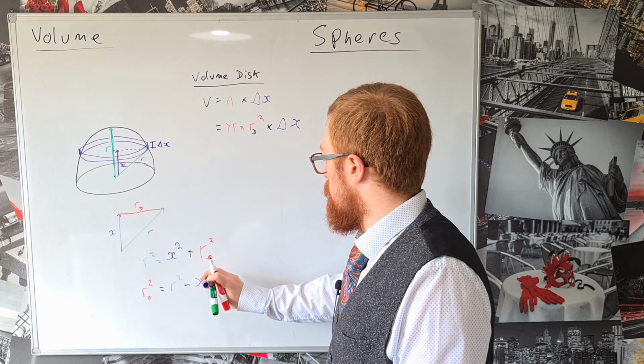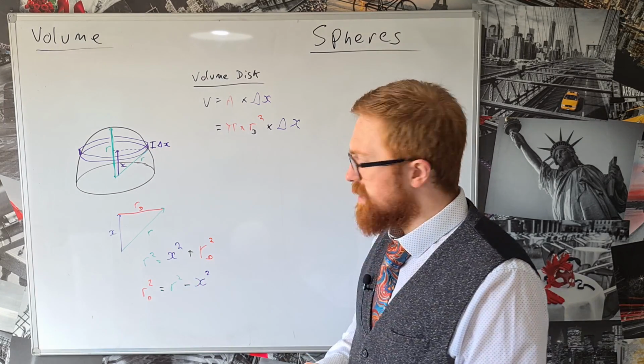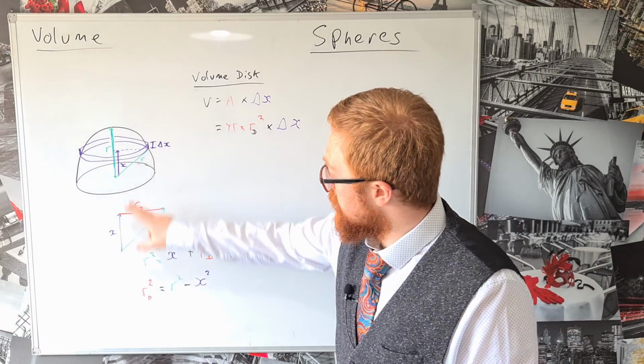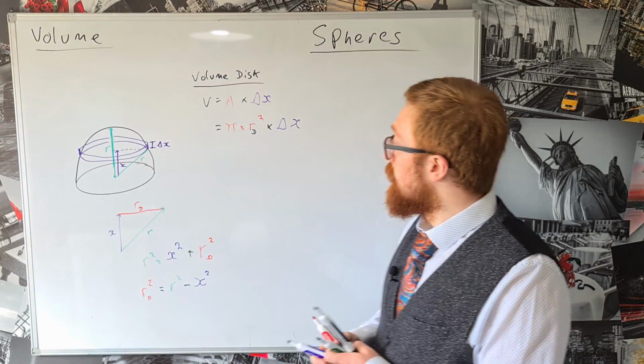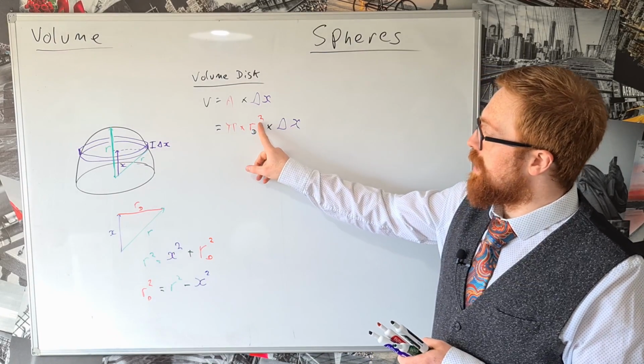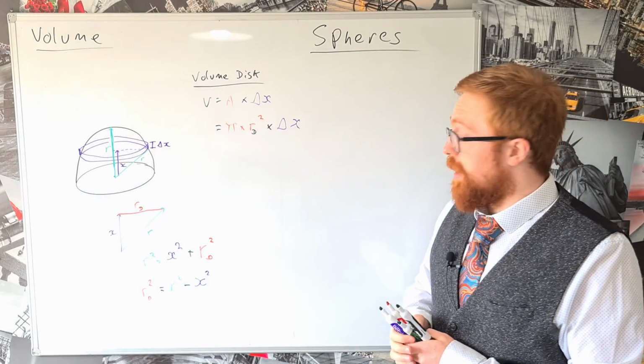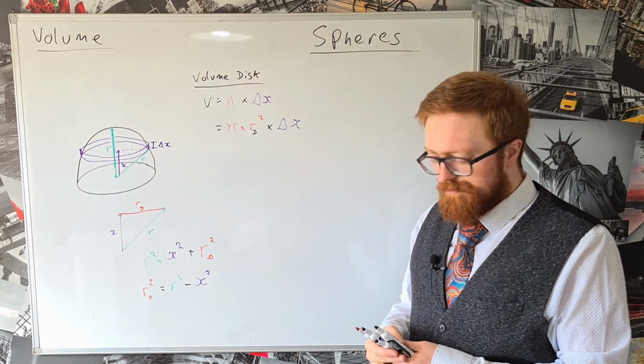Okay, so now if I wanted to find rd, the radius of the disc on its own, I could square root both sides, but actually, because in our formula we want r squared, it's easy to just leave it in this form.